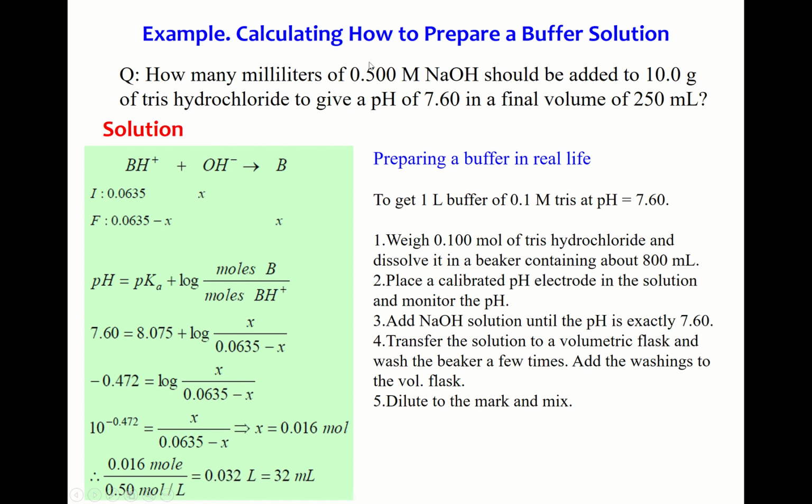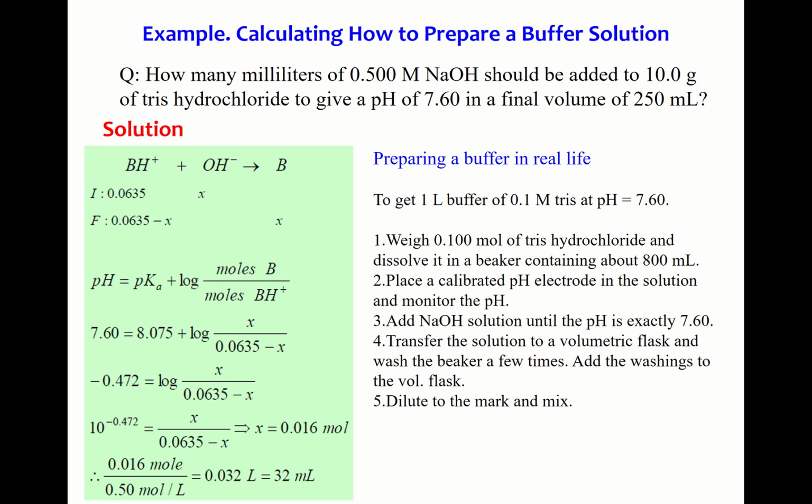All right, and then the second question is to calculate how to prepare a buffer solution. Okay, let's read this question. How many milliliters of 0.5 molar sodium hydroxide should be added to 10 gram of tris hydrochloride to give a pH of 7.6 in a final volume of 250 milliliters?